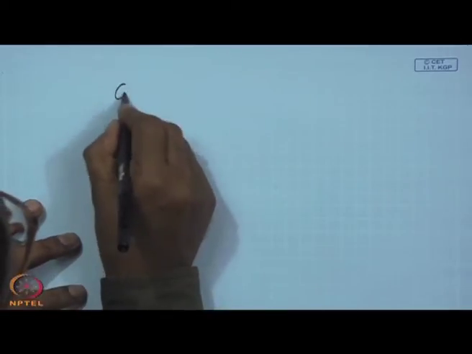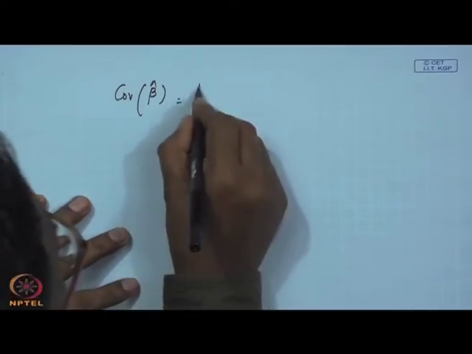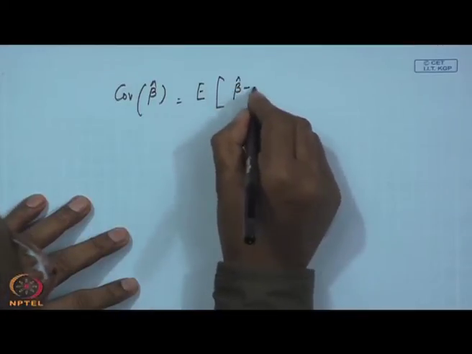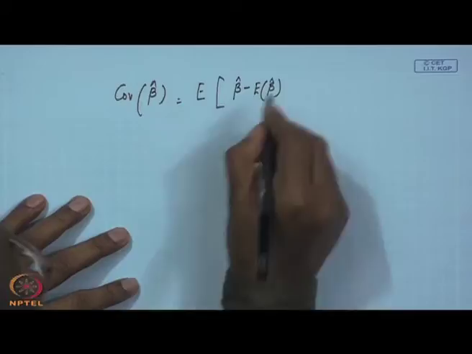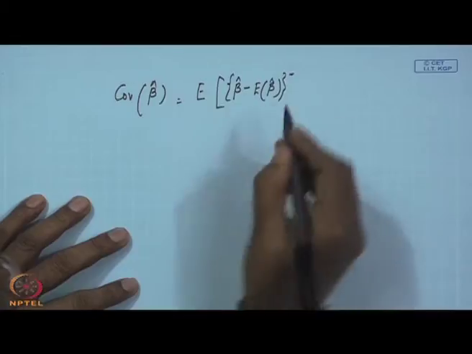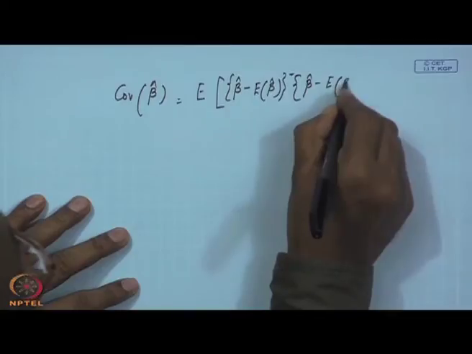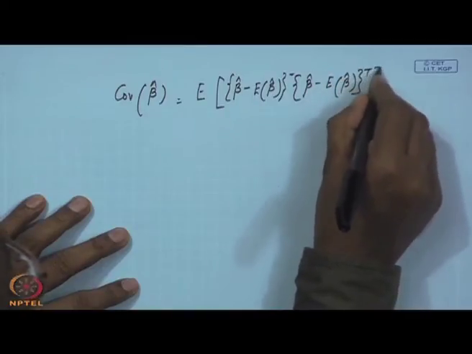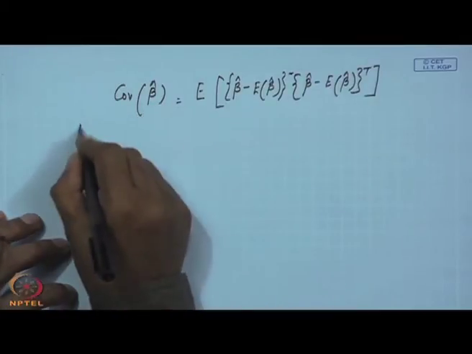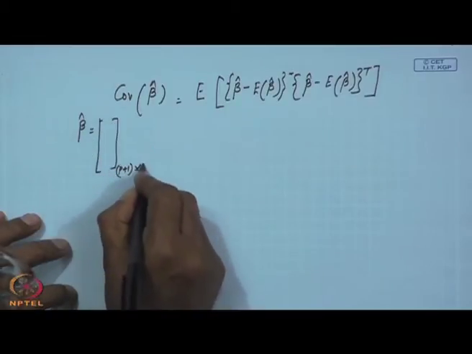This will be the expected value of, all of you know, (beta cap minus expected value of beta cap) into (beta cap minus expected value of beta cap) transpose, because beta cap is a p plus 1 cross 1 vector.